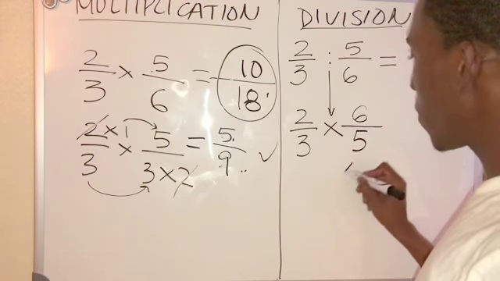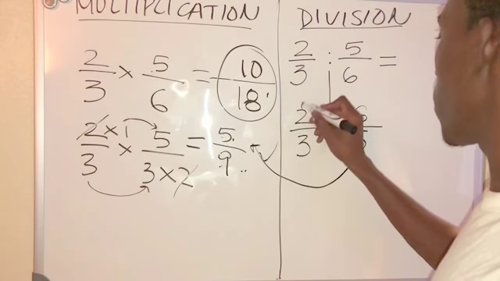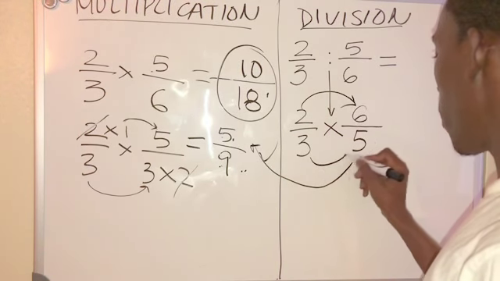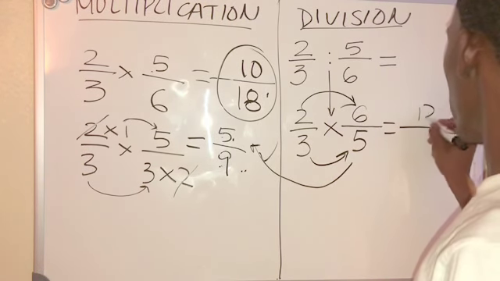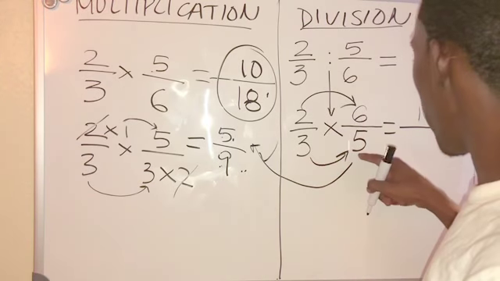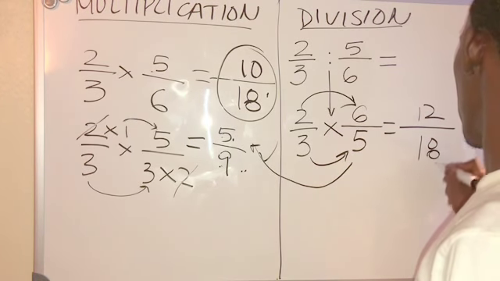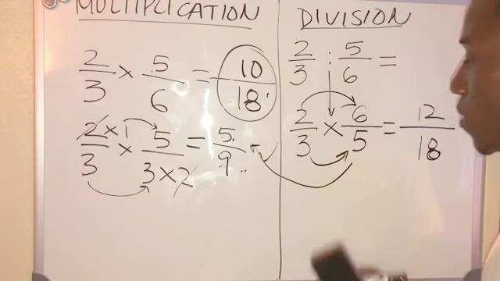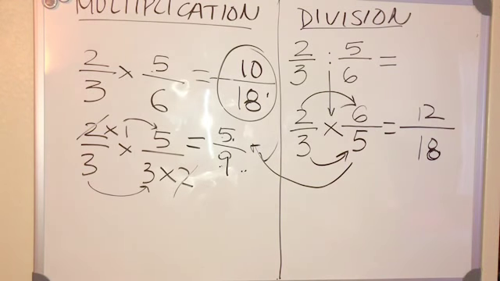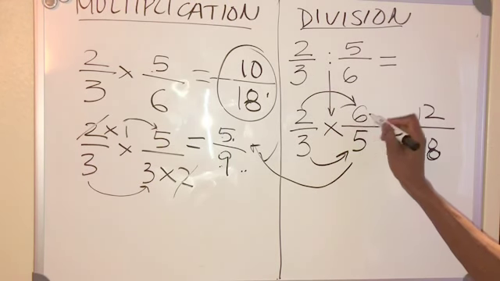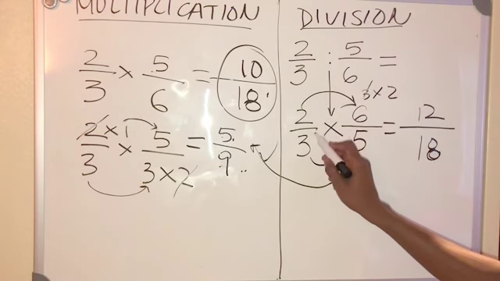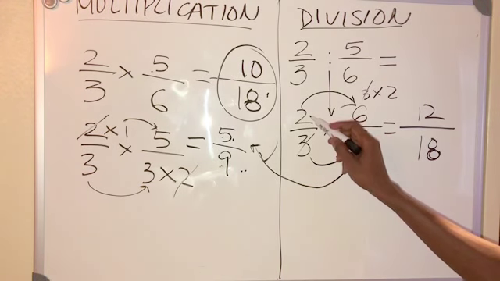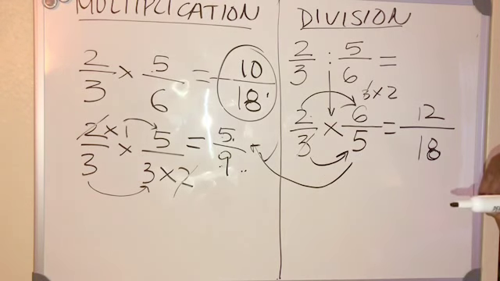And guess what? You do the same thing right here. You multiply the top by themselves and the bottom by themselves. So I got 2 times 6 is 12. 3 times 5, 15. That's it. That's how you do it. And again, if you want to simplify it, guys, you could do the same thing right here. This 6 could be 3 times 2.